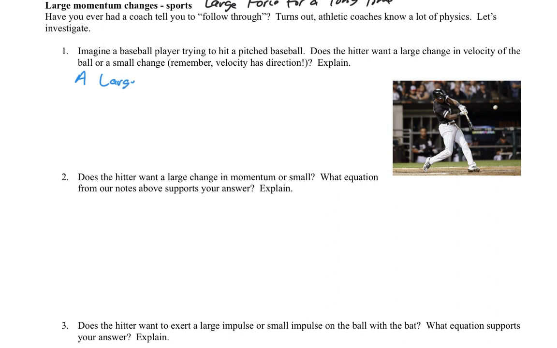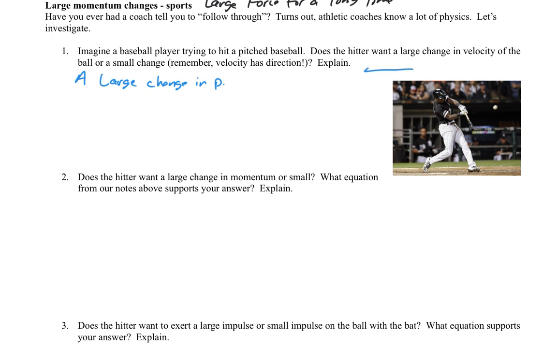We want a large change in momentum. So, because we want the ball to completely reverse directions, right? So let's say the ball's coming in at 100 miles per hour towards the batter. We want it to leave at 100 miles per hour in the opposite direction. So that's a change of 200 miles per hour. Because think about it. Remember, velocity has direction.